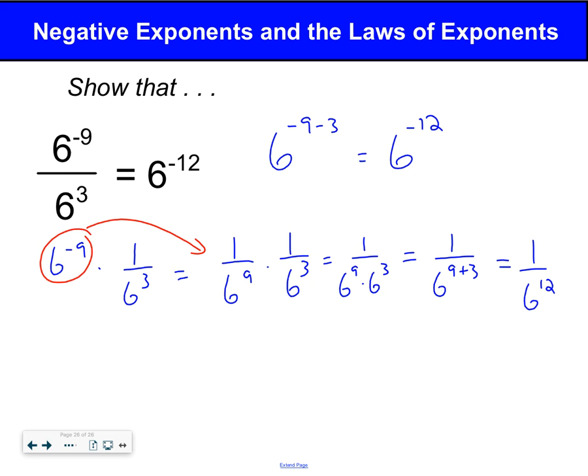So my answer would be 6 to the negative 12th power. And as we notice, that is in fact what we had up here. So we are simply trying to demonstrate that the properties of exponents will indeed work if we use negative numbers.